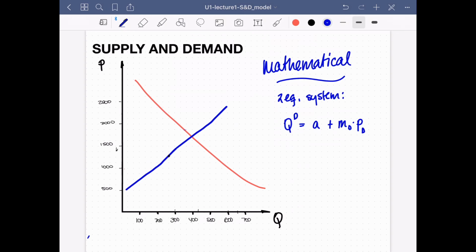And the supply curve has a similar structural equation of a line with a constant plus the slope times price. When quantity demanded is equal to quantity supplied, we solve for this system and we find the equilibrium price.